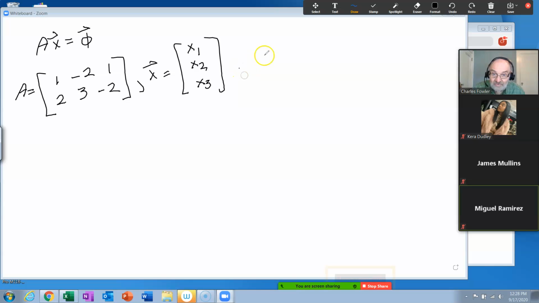And of course the zero vector. The zero vector is the vector of whatever the appropriate size needs to be, but every element is 0. And we usually represent matrices by capital letters.